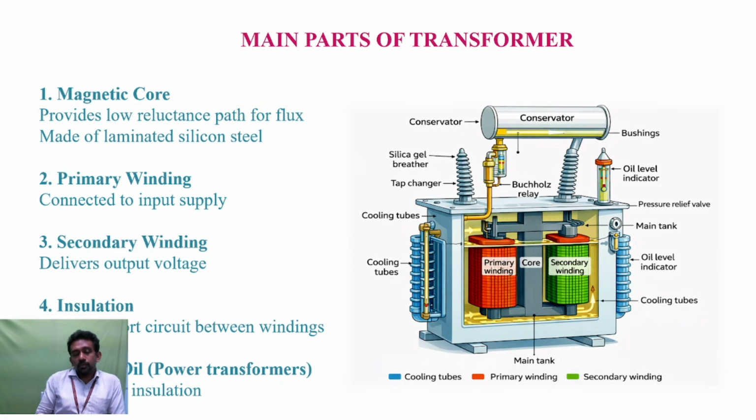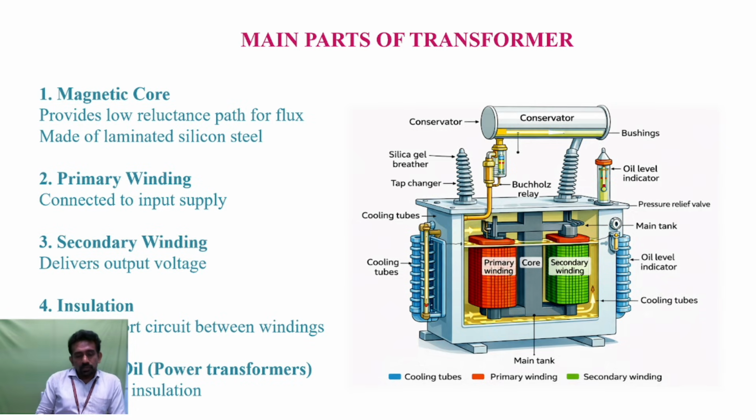The prime element for insulation is the insulation oil, which carries some engineering mechanisms: the cooling tubes, the conservator tank, the silica gel breather, the Buchholz relay, and the oil level indicator. All this plays a major role in insulating the transformers.